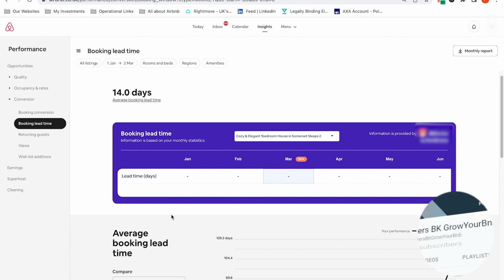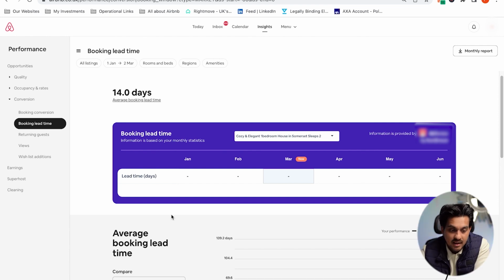If a guest wanted to stay long term from today for 30 days, this competitor wouldn't be found. So having a lower average lead time sometimes works better if you've only got few bookings. The reality is you want your calendar as optimized and as free as possible to attract those longer term bookings.